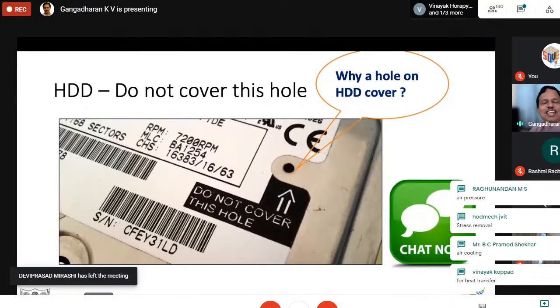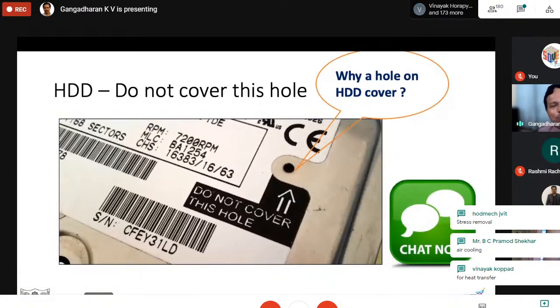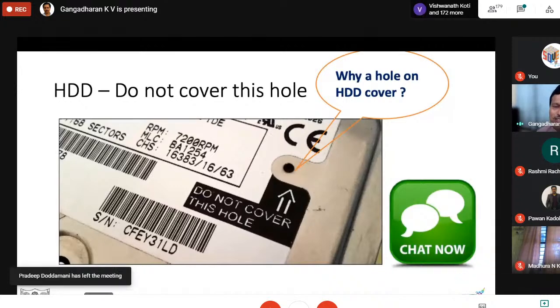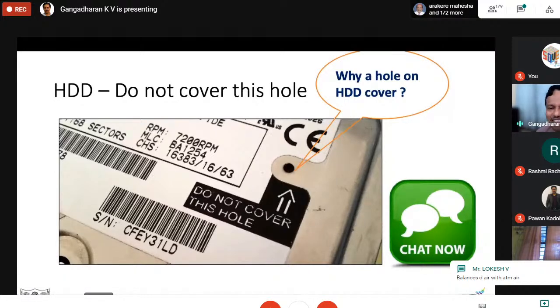So here, obviously, you remember the centrifugal pump? When it is rotating at high speed, the air around it, or the fluid around it, whether liquid or gas, will be thrown out. You will have mass into omega square r, which comes as a centrifugal force, and that creates a high pressure region.